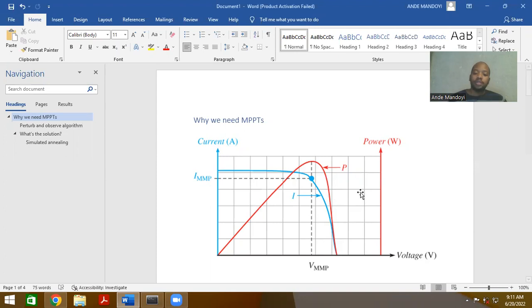What you see here in this figure is the typical output from a solar cell, solar panel, solar module, whatever the case may be, right? What happens is the maximum power point varies. Let's assume that at any given time, this is the voltage you're putting through to your solar panel or to your load. This is essentially the voltage across the solar panel.